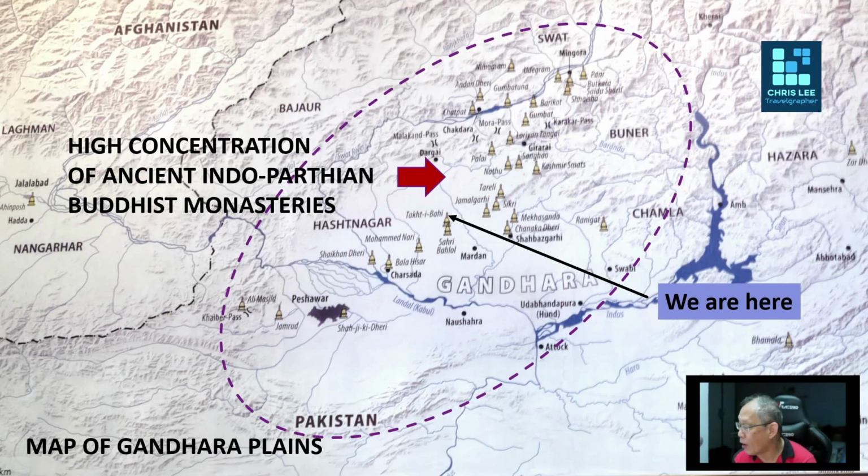It's quite a number of them, and we are only visiting one of them. The one that we are visiting is considered one of the quite well preserved and also quite large in size among the many monasteries.